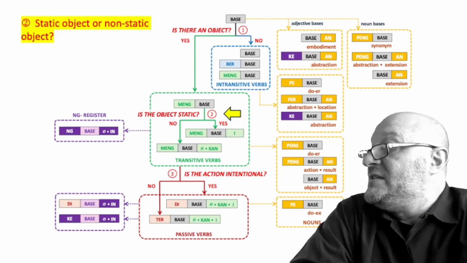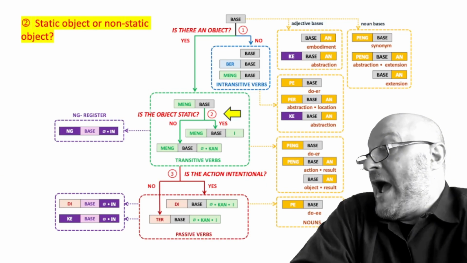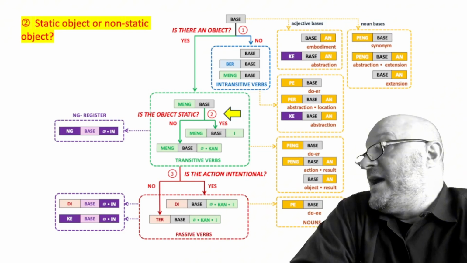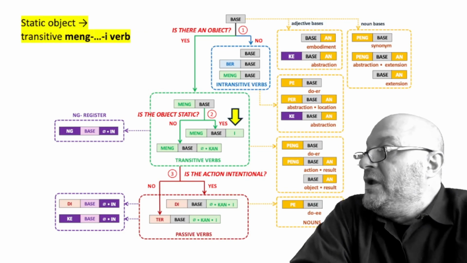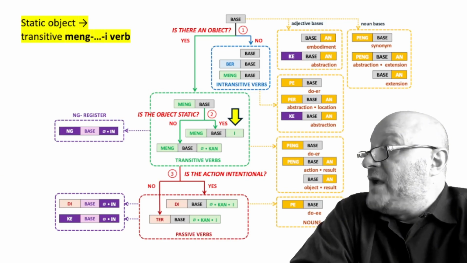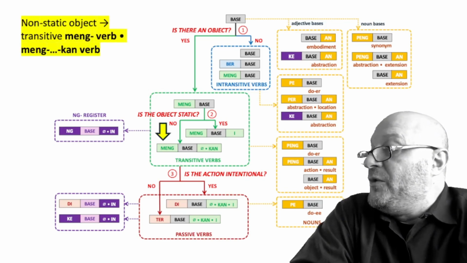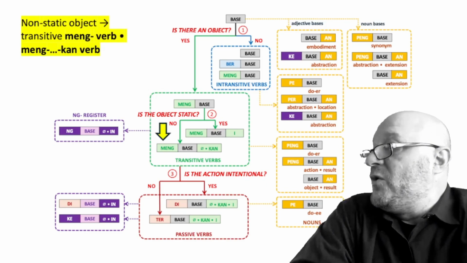Is the object static or non-static? Static is where the actor, the subject, doesn't move it. Non-static is where he moves it, throws a ball. If the object's not moved, if it's static, you get a transitive meng-i verb. If it's non-static, you get a transitive meng verb or a meng-kan verb.